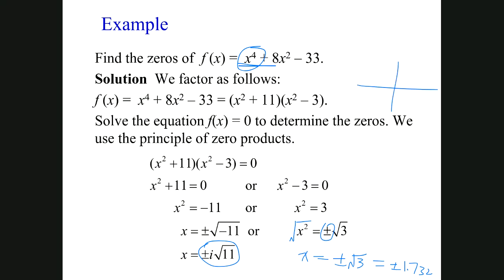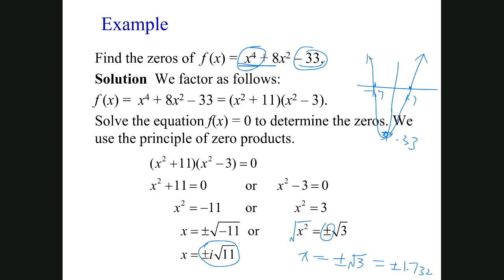We have negative 1.732, and then positive 1.7. So this is gonna be 2 zeros in here, and then you have a y-intercept. When x is 0, the y-intercept is negative 33. Oh, it should be negative 2. It's gonna look something like that. This is how the quartic looks.